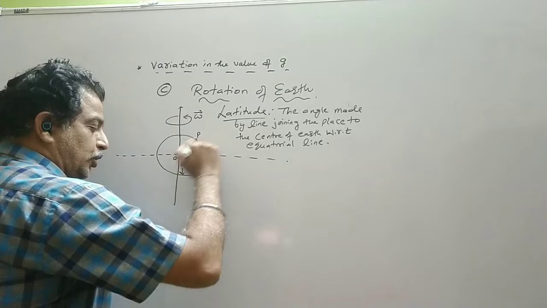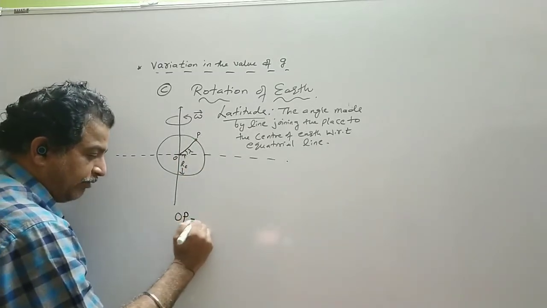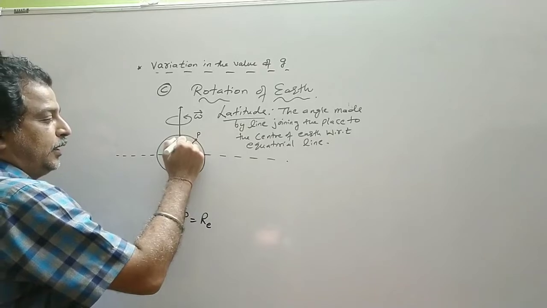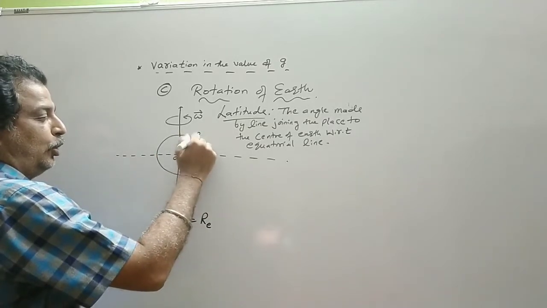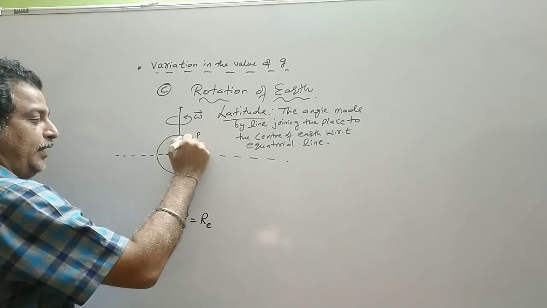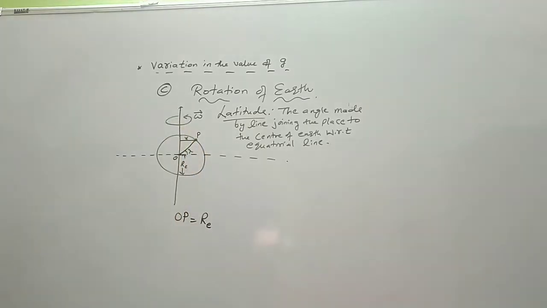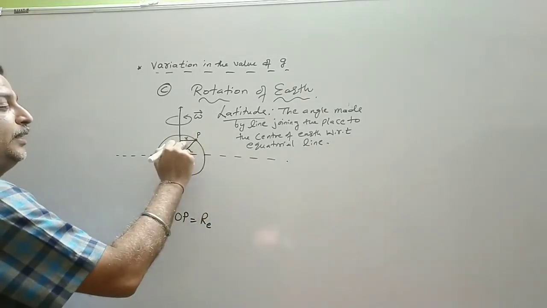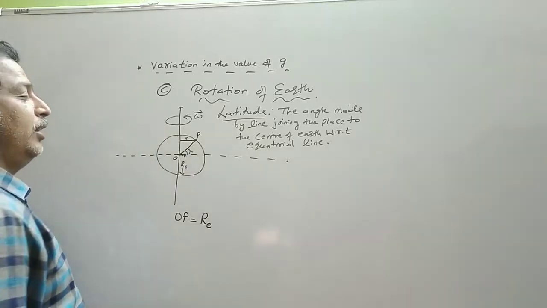OP in the figure is the radius. Now let us join this place with the polar axis or the axis of rotation. Let this distance be small r. So place to place or country to country, this distance small r will vary.